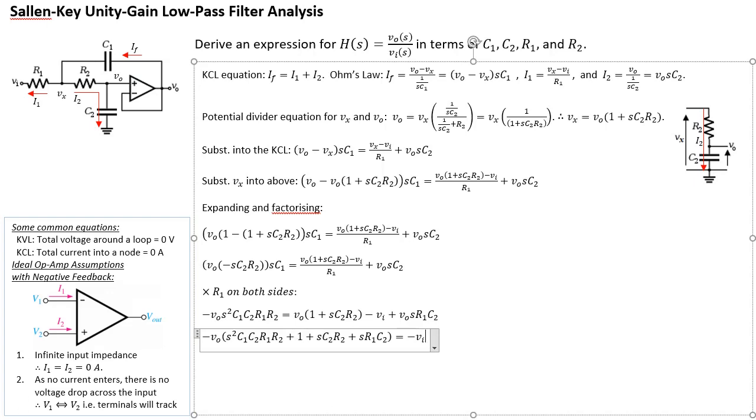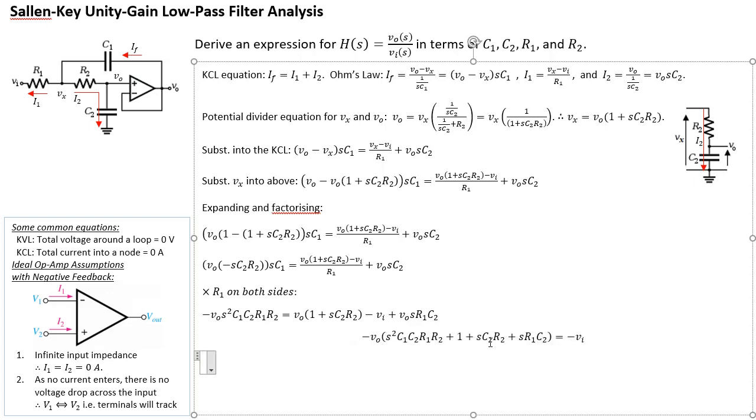All right, so now what I can write obviously is in terms of VO over VI, since both sides are negative, so I can bring that negative VI across the other side.